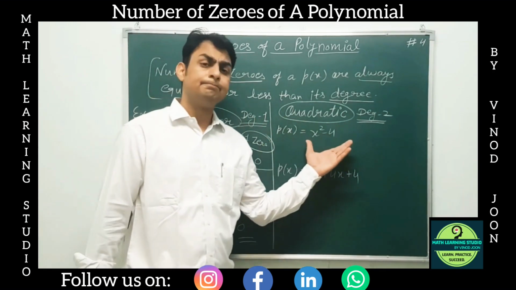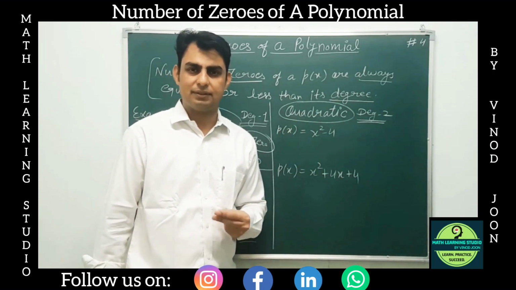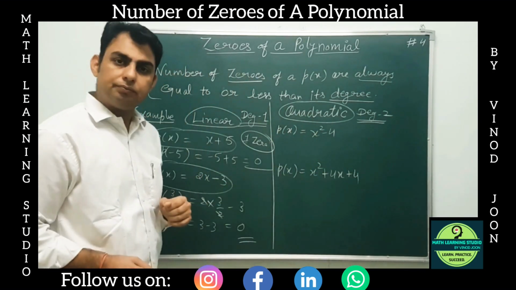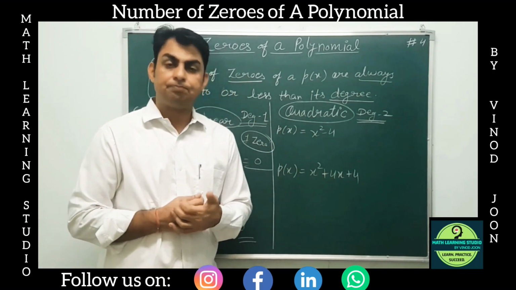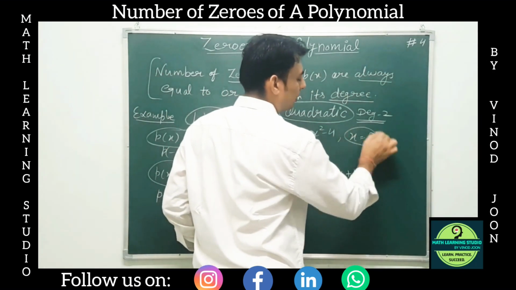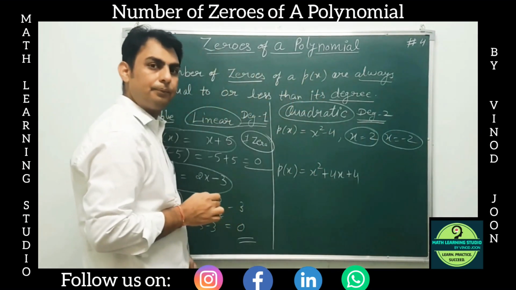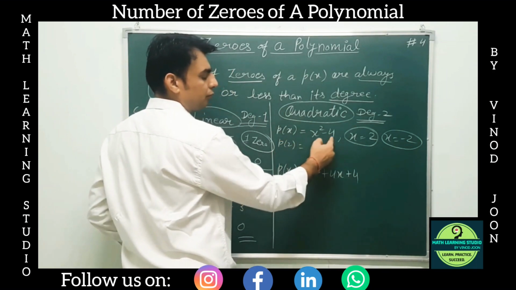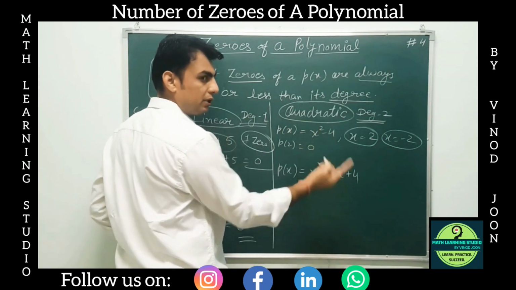Okay? Quadratic polynomial, degree is 2. What happens there? Let us find out. Here the first example is x square minus 4. Degree is 2. Now how many values can we give to x which will make it 0? Maybe you have got that. Yes, if we put x as plus 2 or x as minus 2. So if we put plus 2, p of 2 will become 2 square minus 4. 2 square is 4. 4 minus 4 is 0.